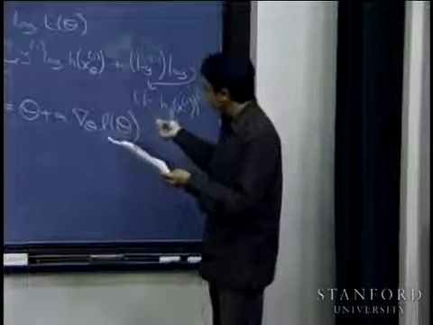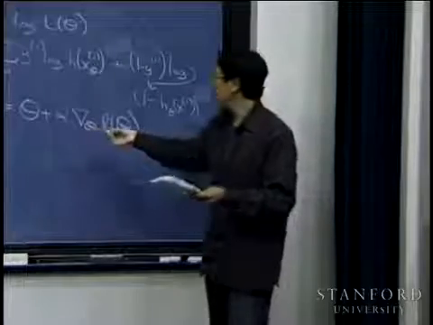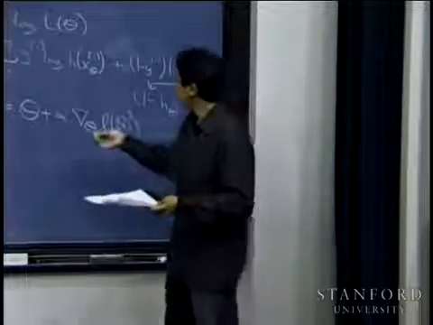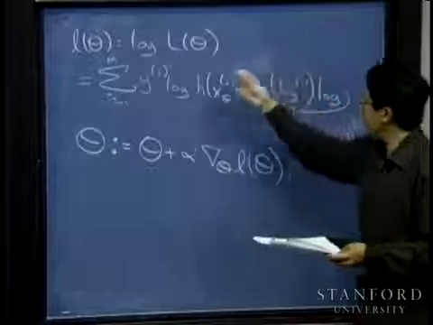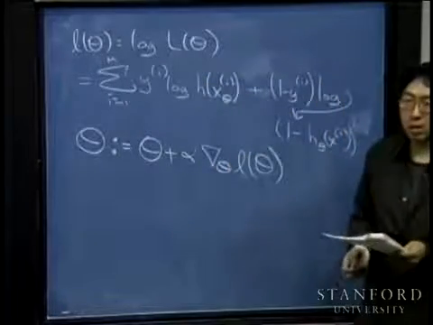So in order to derive gradient ascent, what you need to do is compute the partial derivatives of your objective function with respect to each of your parameters theta i.